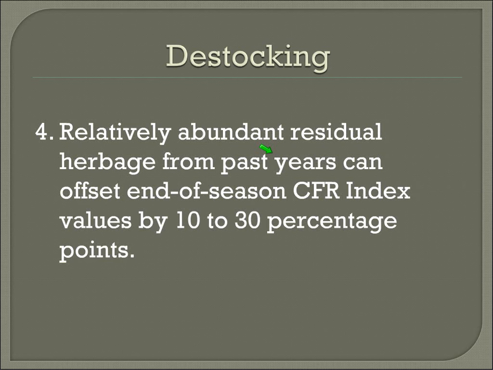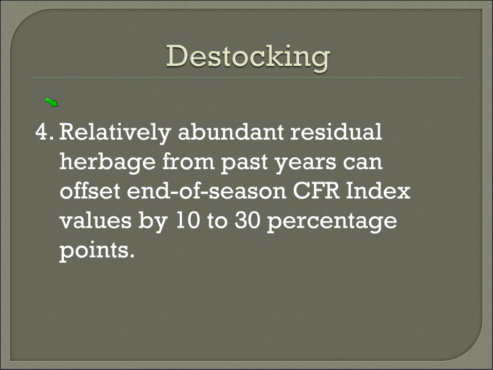Destocking also is important from the standpoint that relatively abundant residual herbage from past years can offset end-of-season CFR index values by 10 to 30 percentage points. And the drought that we experienced in our region in 2012 could very well have begun with above average levels of residual herbage in the spring of 2012.